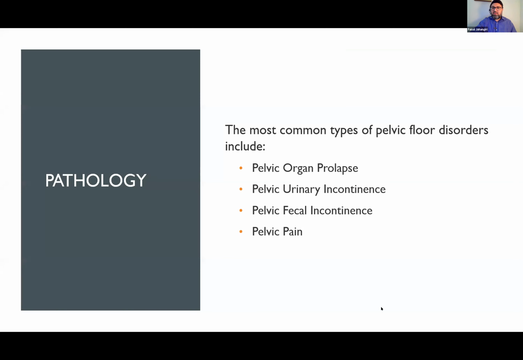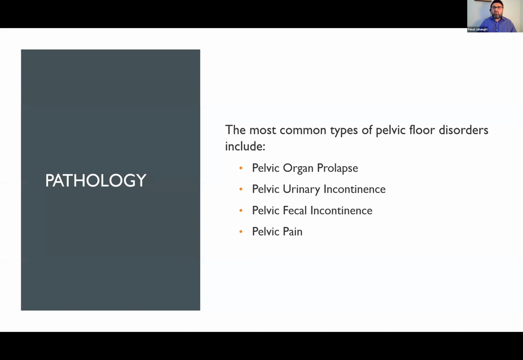The most common types of pelvic floor disorders include pelvic organ prolapse, urinary incontinence, fecal incontinence, and pelvic floor dysfunction. Before we decide what we can monitor and what structures are at risk, we go from the other side and ask what the clinical consequences are of damage to these nervous structures.